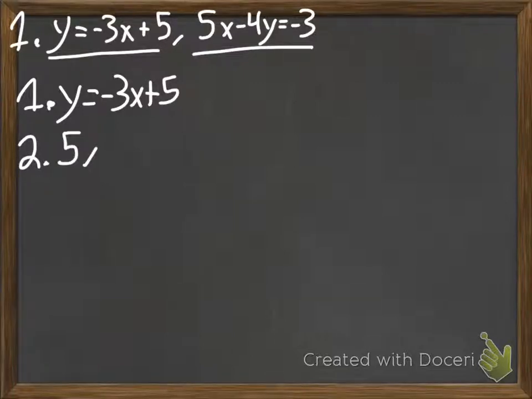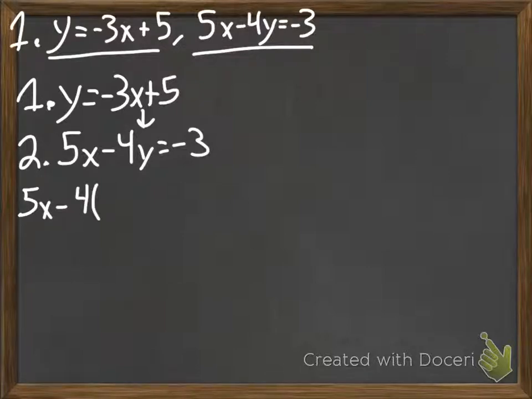So my second equation is 5x minus 4y equals negative 3. So I'm going to plug in this for y. So this becomes 5x minus 4 times negative 3x plus 5 equals negative 3. And now it just becomes a solve for x problem.